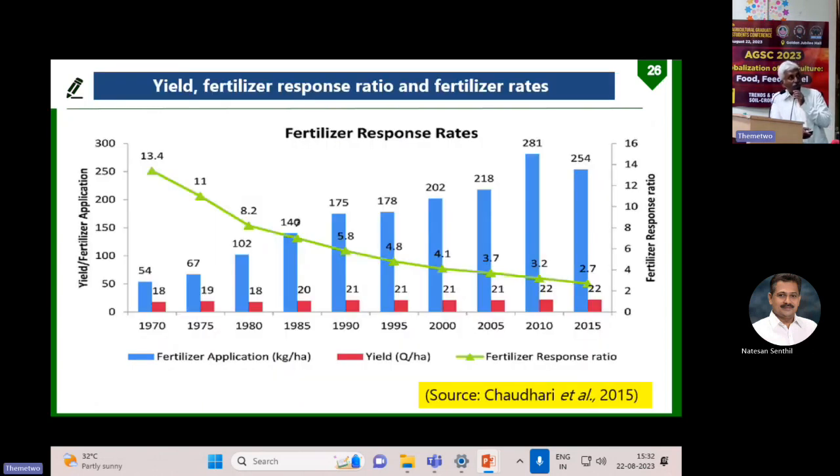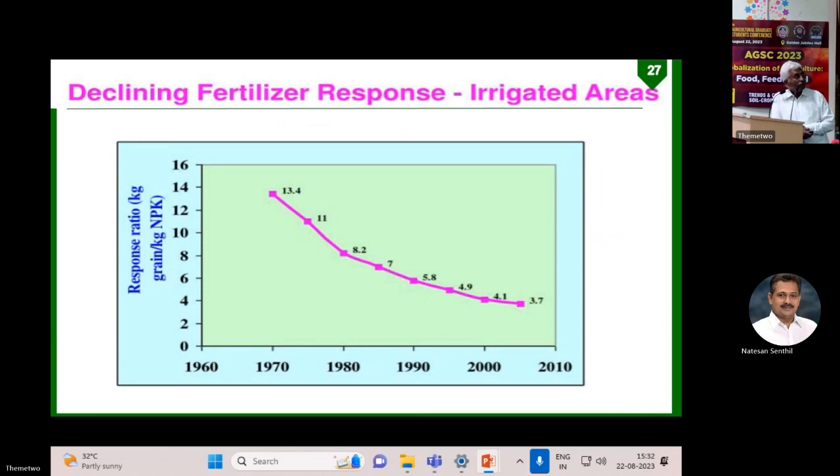This also is highlighted here, poor response rates. For example, the response rate is decreasing as you move from 1970 to 2015. Even if you apply higher rates, as in the red indication, there is not much increase in yield, almost stagnation in most crops. This fertilizer response is mostly a negative trend, decreasing.